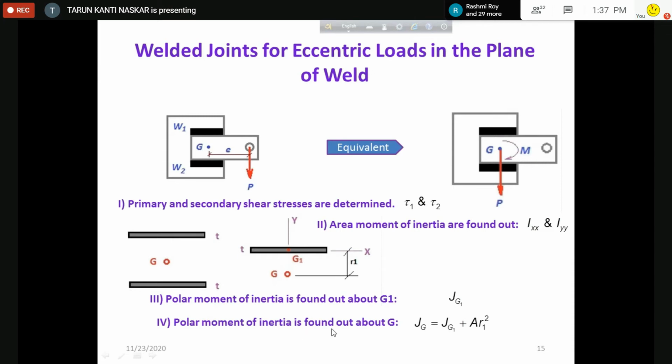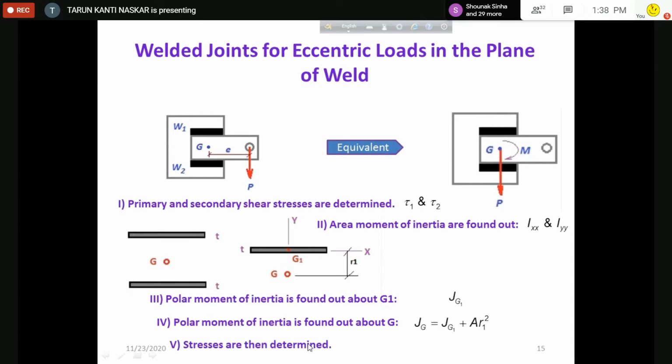Then polar moment of inertia is found out about G. When Ixx, Iyy are known and JG1 you have found out, then ultimately the polar moment of inertia about G. First of all you find out about G1, then you find out about G, and JG is equal to JG1 plus AR1 square. This is the standard equation. So we can find out the polar moment of inertia about G.